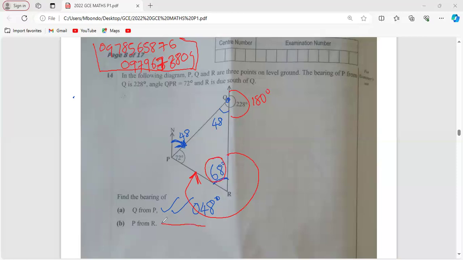This angle will be 360 degrees minus 68 degrees. What are we going to get? 360 minus 68 gives us 292 degrees. And this is what is going to be our answer.